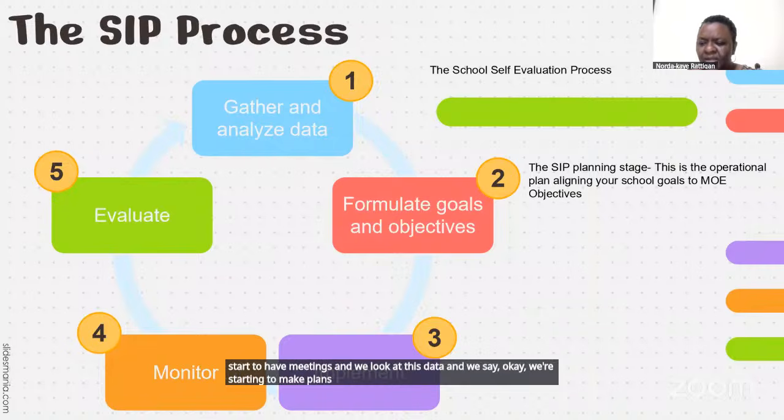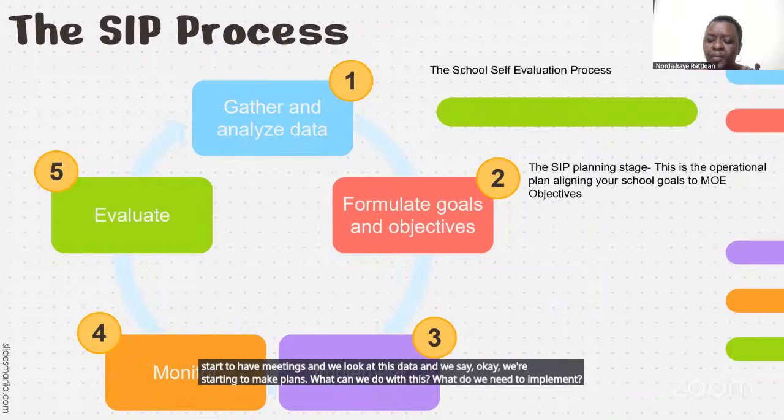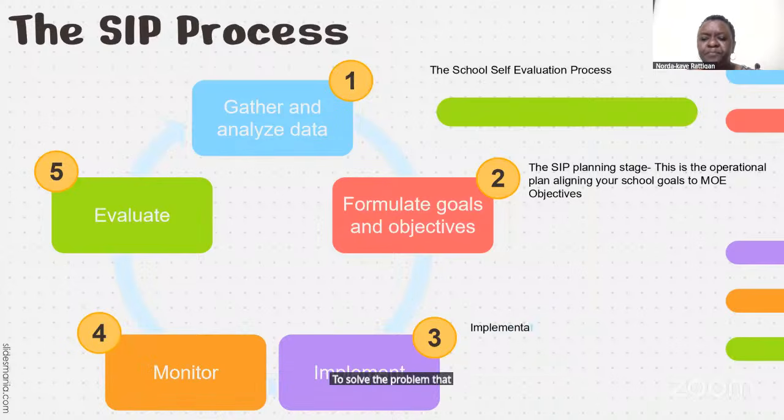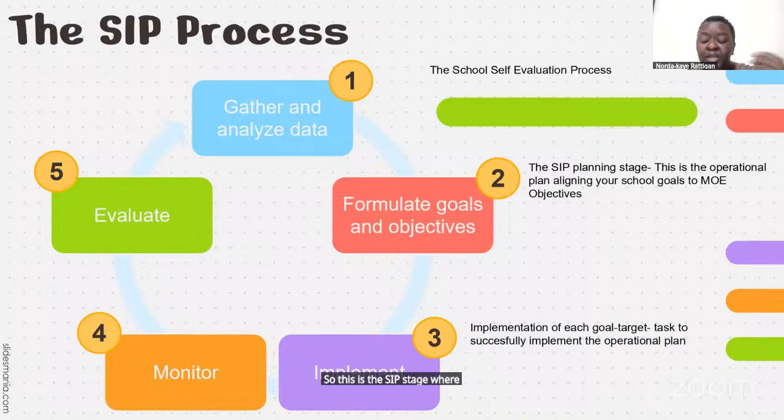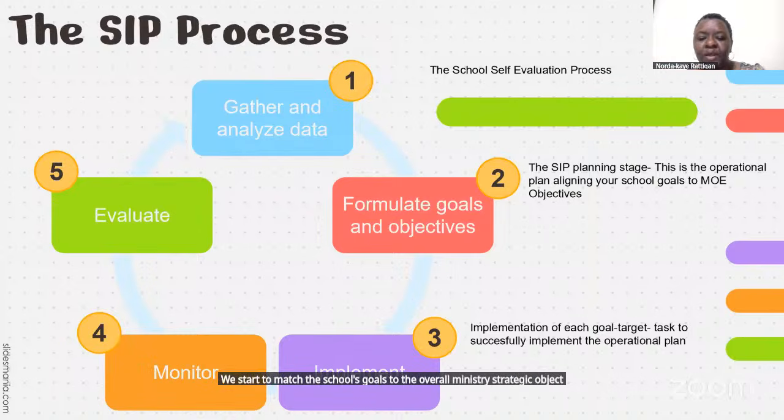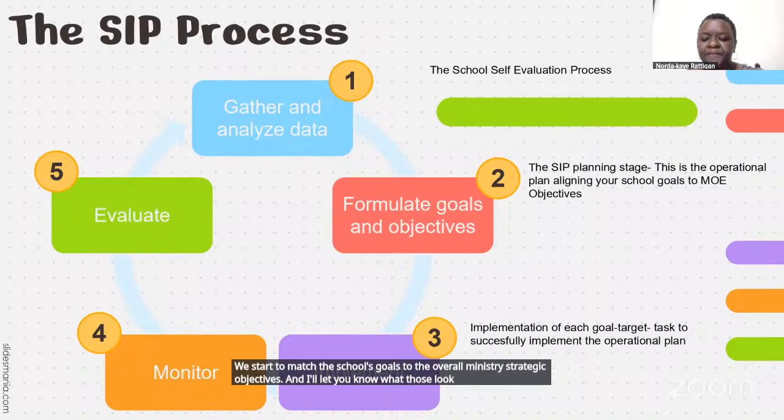What can we do with this? What do we need to implement to solve the problem that we are looking at? This is the SIP stage where we look at the operational plan. We start to match the school's goals to the overall ministry strategic objectives. I'll let you know what those look like in a minute.